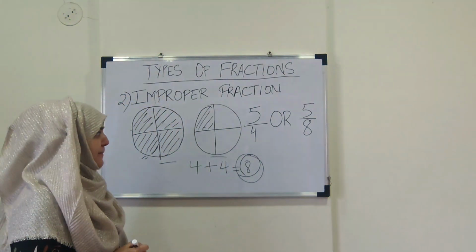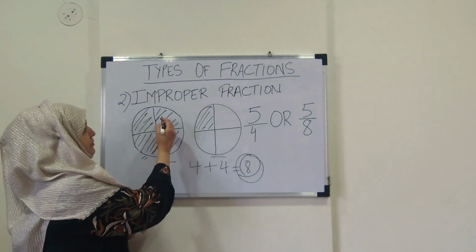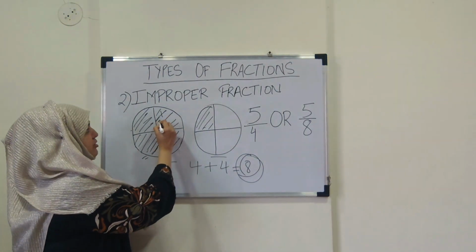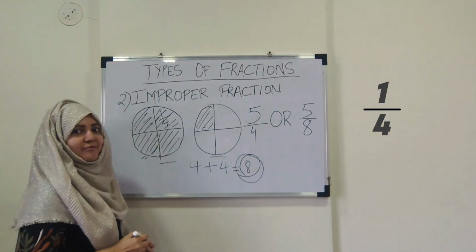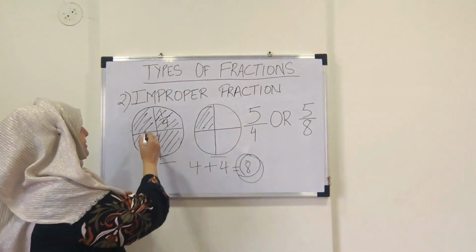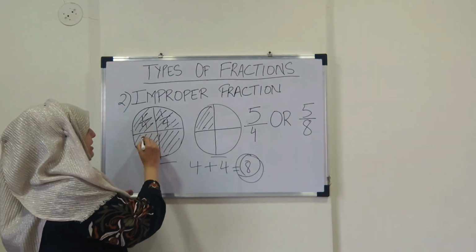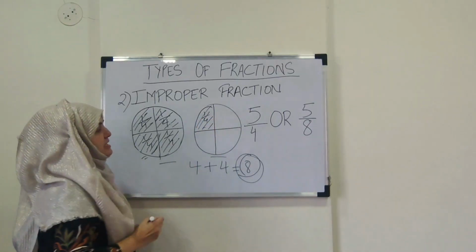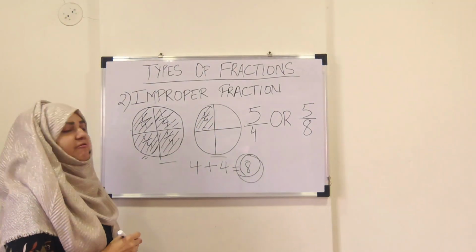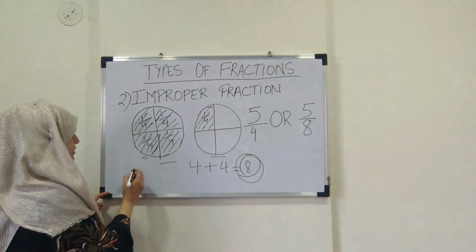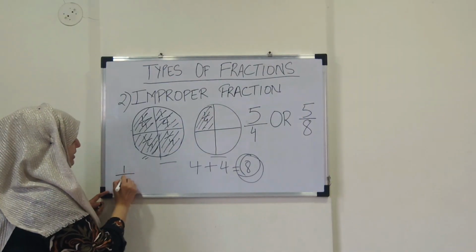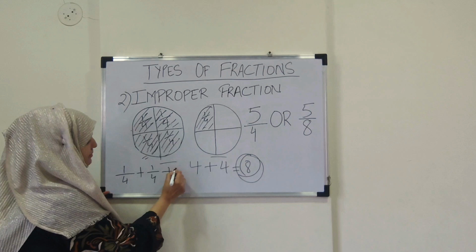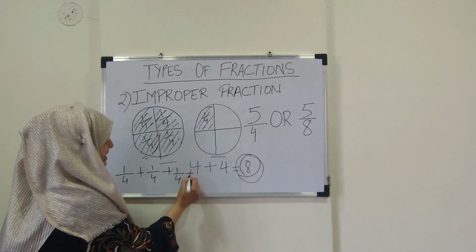Here the question is, we have cut the pizza into 4 equal parts. That means the size of each slice is 1 by 4. Correct? So all the slices are 1 by 4. Now if we add, we will see 1 by 4 plus 1 by 4, 1 by 4, 5 times, right?